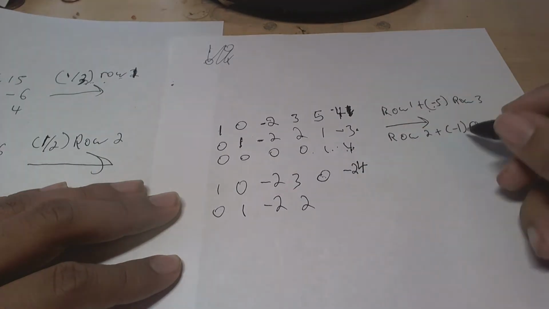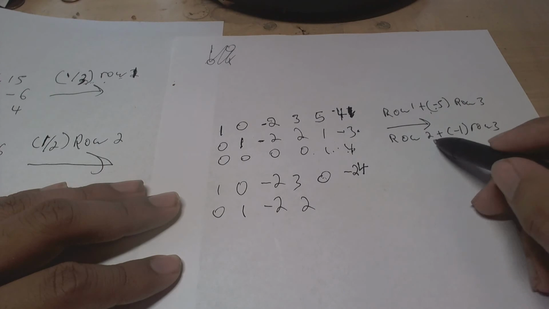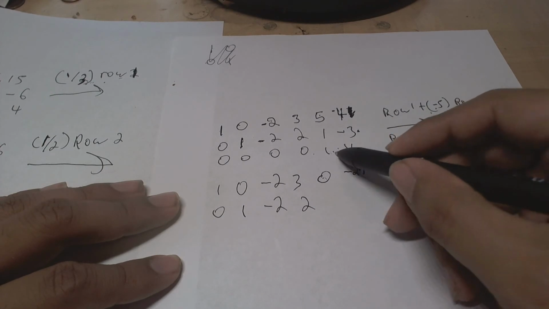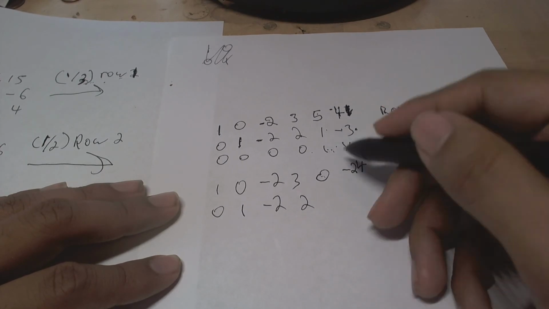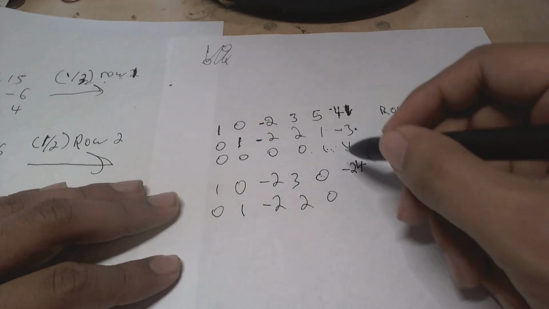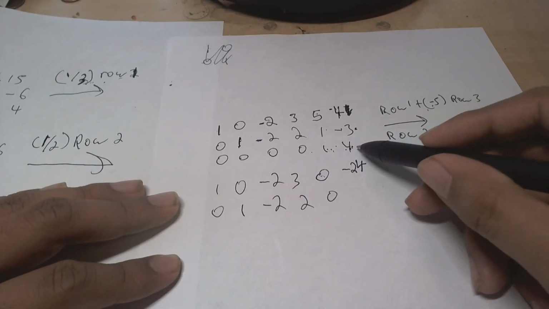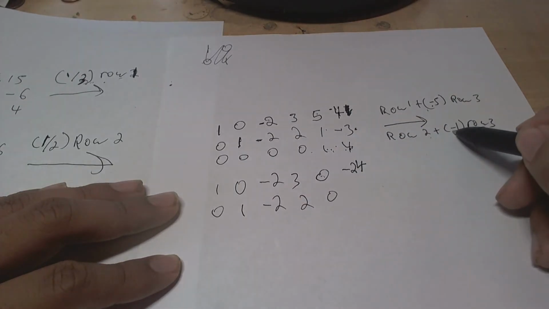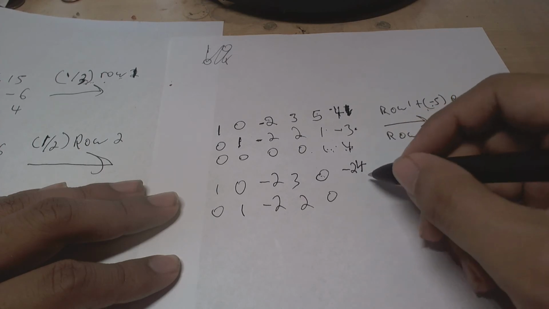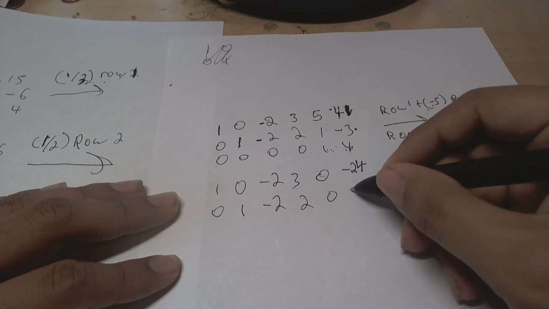2, 2. And now I'm going to use this row operation. 1 times negative 1 plus 1 equals 0. Negative 4 times negative 1 equals 4. Negative 4 plus 3 equals negative 1... negative 7.